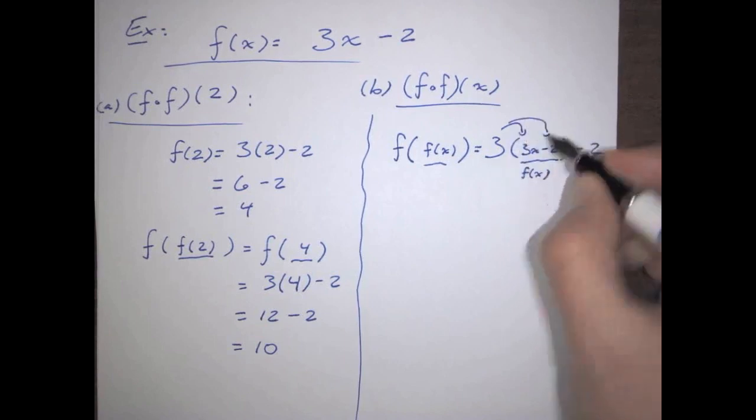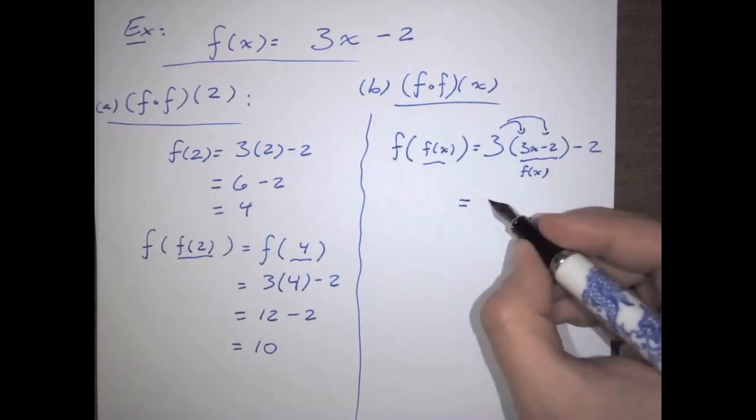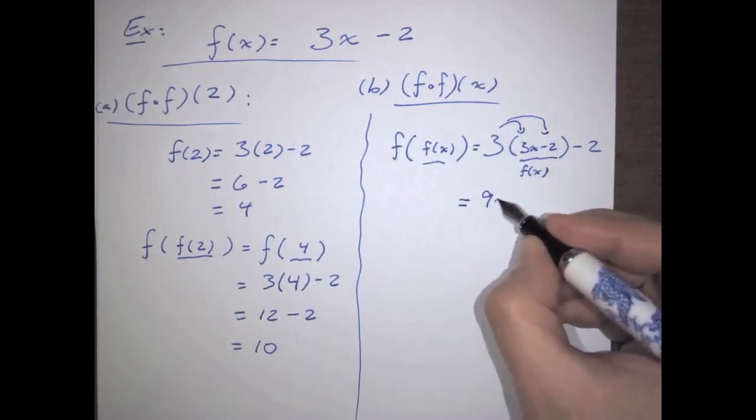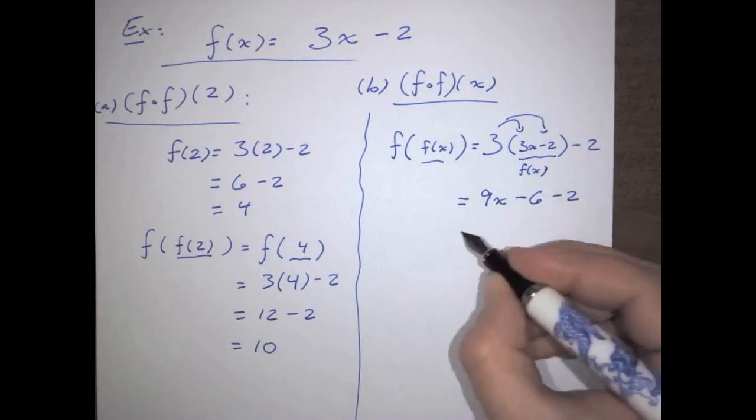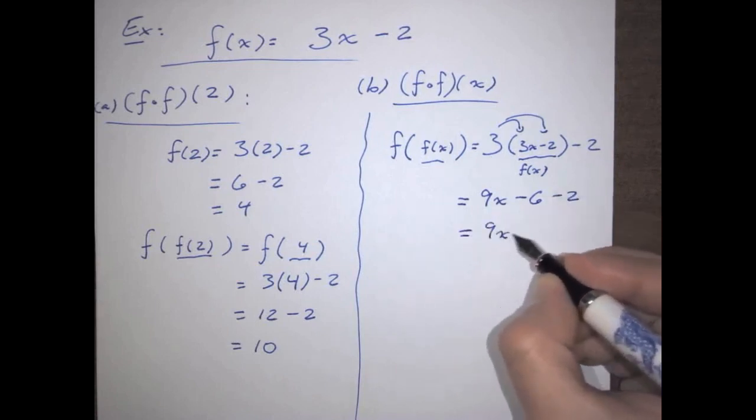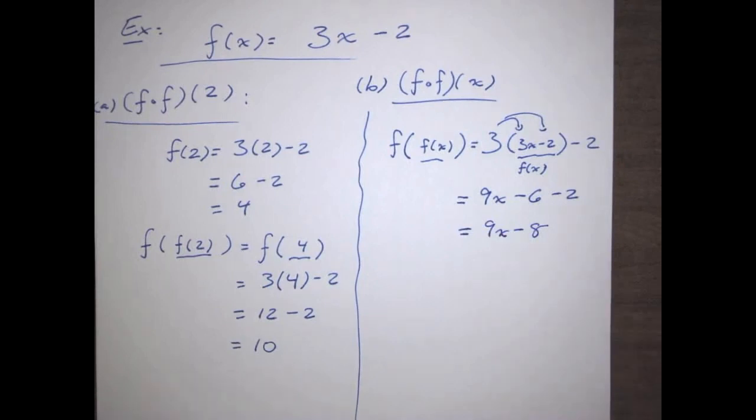So then we just simplify this all out, and we'll have 9x minus 6 minus 2, which is going to be 9x minus 8. All right. So that is what it looks like when we evaluate a composition of a function with itself.